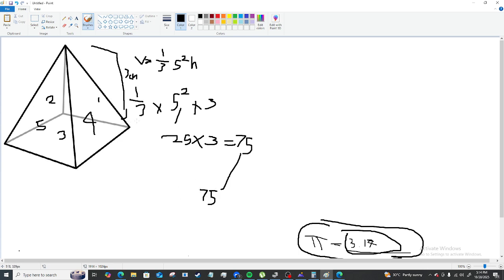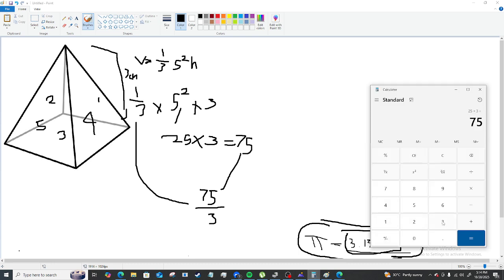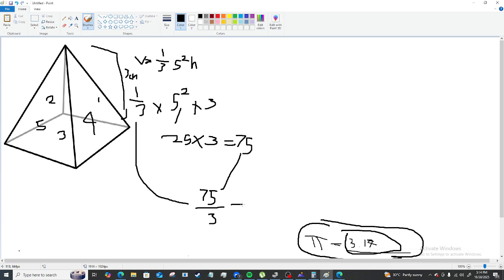Use a trick. Replace the 1/3 with 75 divided by 3. 75 divided by 3 is 25 centimeters.